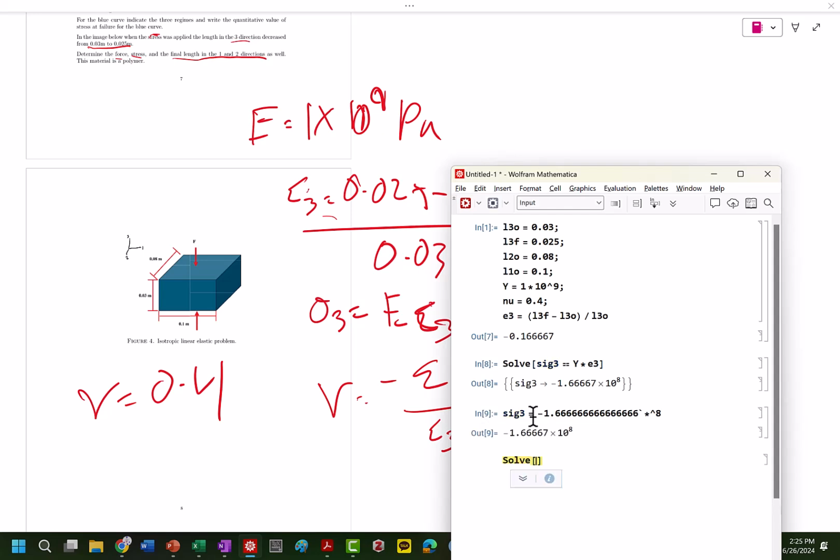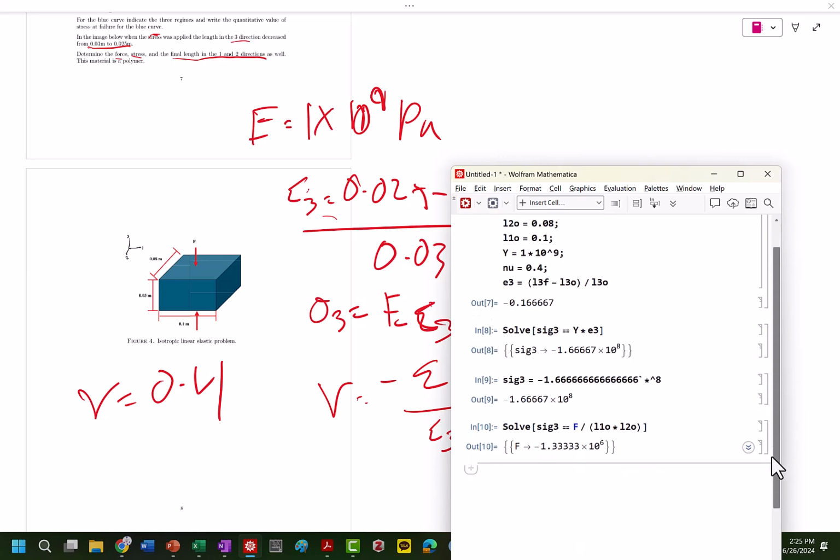Also, sigma 3 equals F divided by A naught, and our area is going to be L1 naught times L2 naught. So that'll be our force. Excellent. And then finally, we can go ahead and solve for when we need our final lengths.